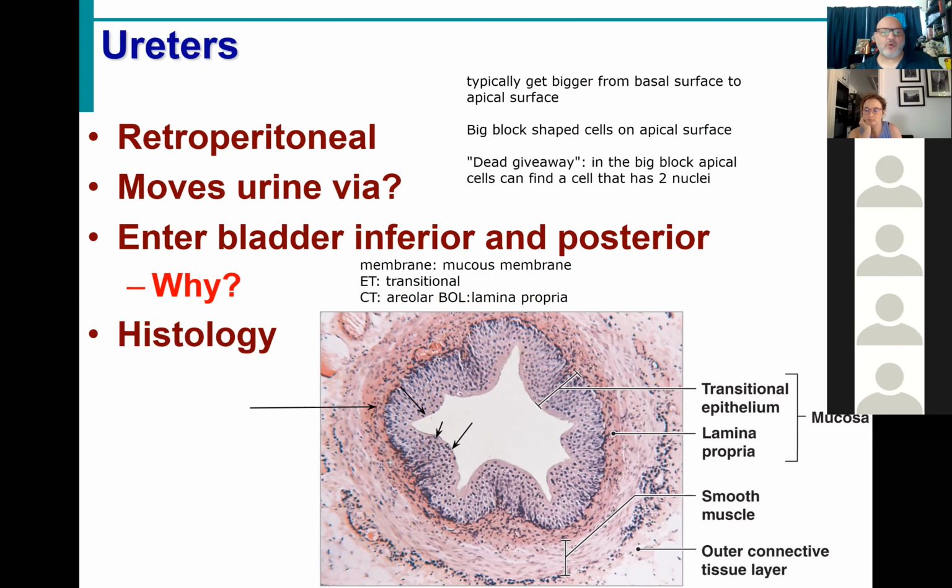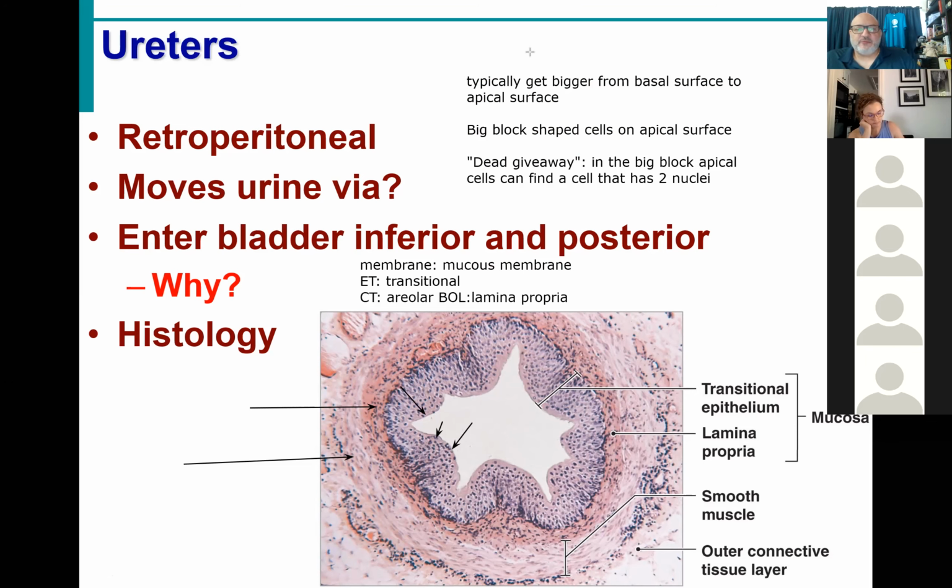No, because this isn't an organ that is going to produce a lot of mucus. We certainly don't need mucus to grease the wheels for urine to move through it. Obviously, we need to produce peristalsis. So notice we do have a layer of smooth muscle, right? Unlike the digestive system, there are not two layers, just a single circular layer.